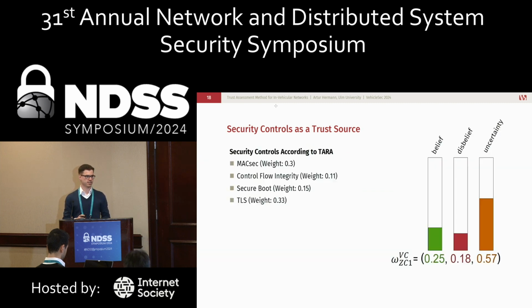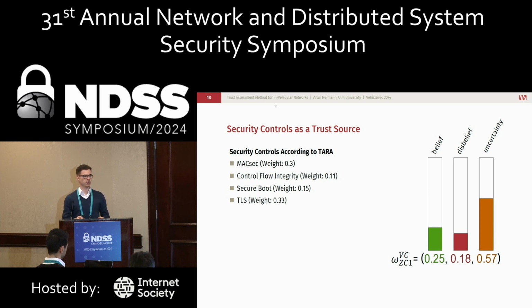I want to showcase this now in a very simple example. So let's assume that these are the security controls provided by the TARA and the corresponding weights. We start at the trust opinion calculated at design time, which you see on the right side. So there's the minimum belief and disbelief.